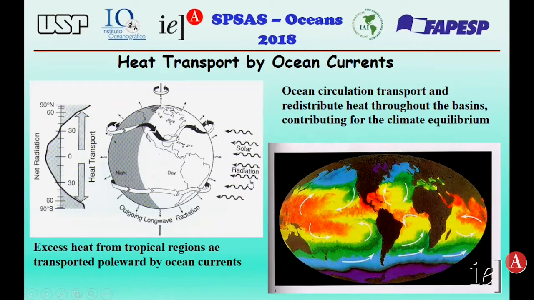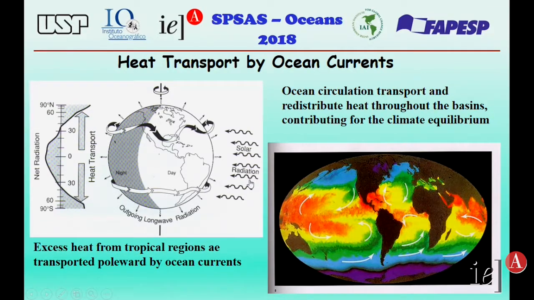In this picture, the red means warmer, and the bluish color means cooler. And it's clear that from the tropical regions in the Pacific or in the Atlantic, there are waters going north, carrying heat, and returning to the south, bringing cooler waters.